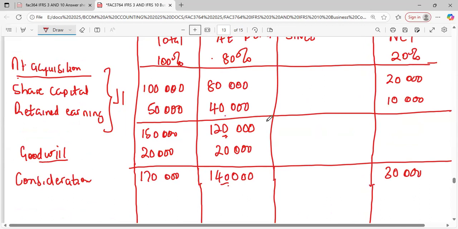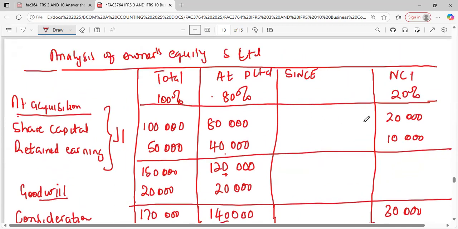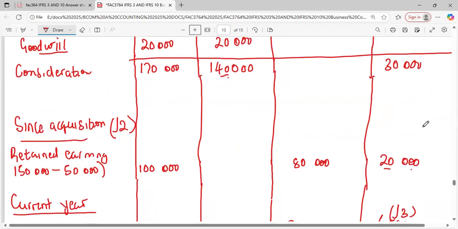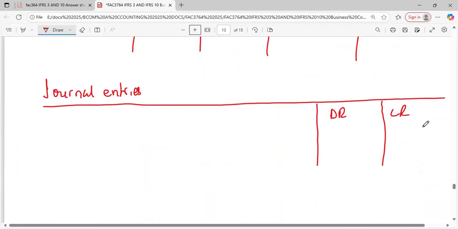What belongs to the subsidiary is now under NCI. Everything that belongs to the subsidiary is now purchased by the parent. So we're going to eliminate this and only be left with what goes to NCI. So that's your first elimination pro forma journal entry.